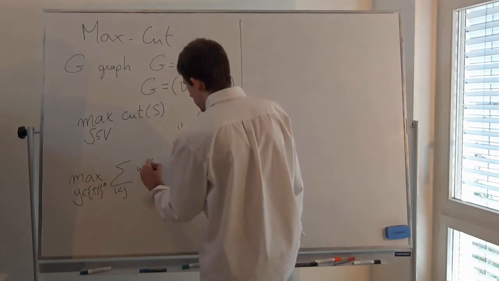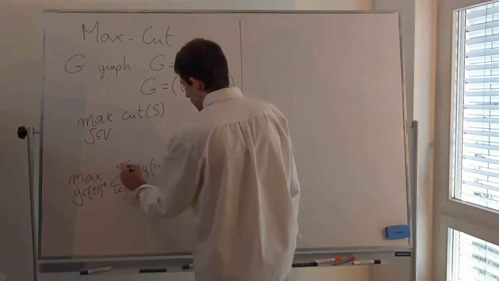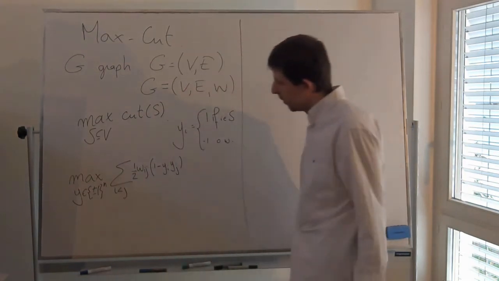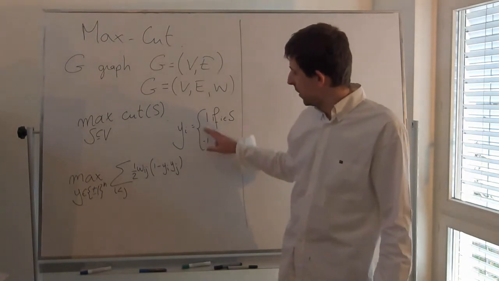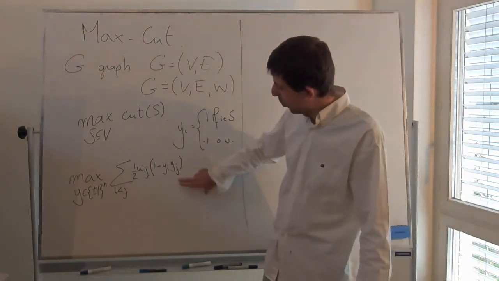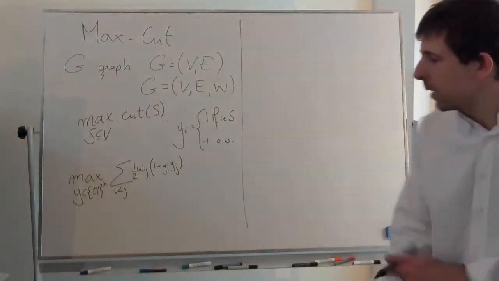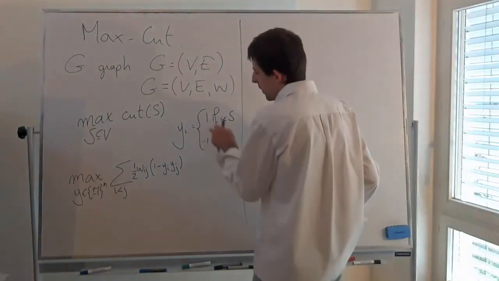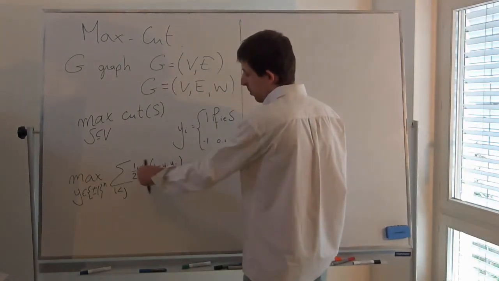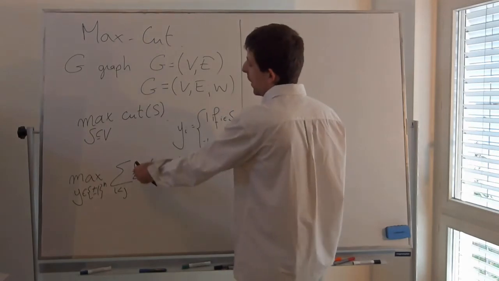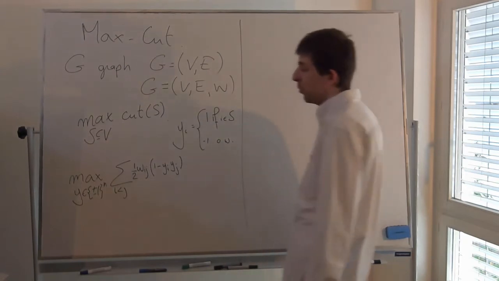Here we put (1 minus y_i y_j) times a half. Why? If y_i and y_j are in the same cluster, then y_i y_j is 1, so 1 minus 1 is 0. Otherwise, if they are in different clusters, y_i y_j is minus 1, so I get 1 plus 1, which is 2, and the 1/2 cancels the 2. So I just have the sum over i and j of w_ij when they're not in the same cluster.